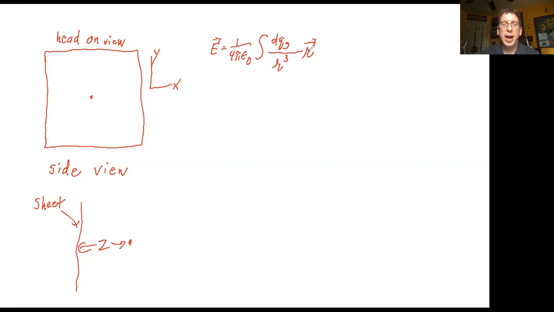What is the vector from an infinitesimal element of charge to the point P where the field is being evaluated?